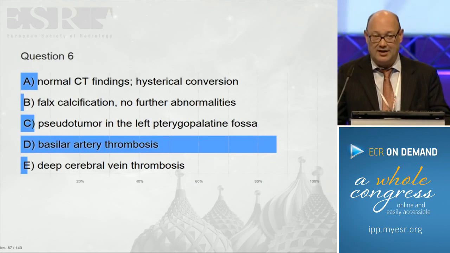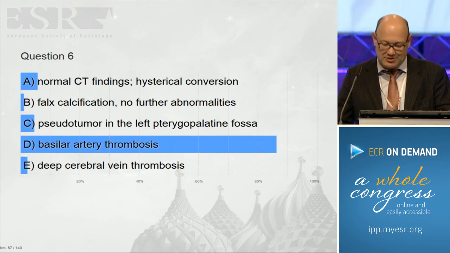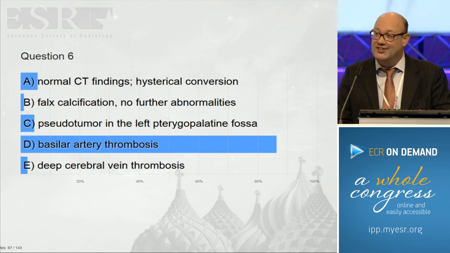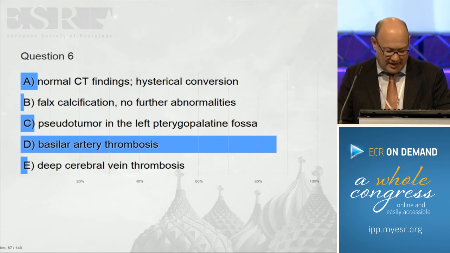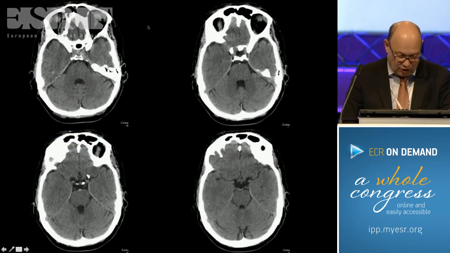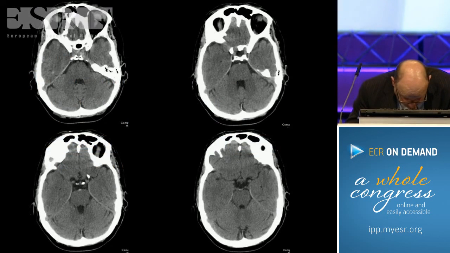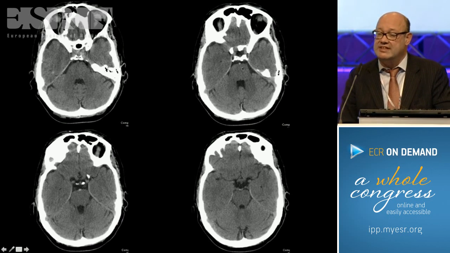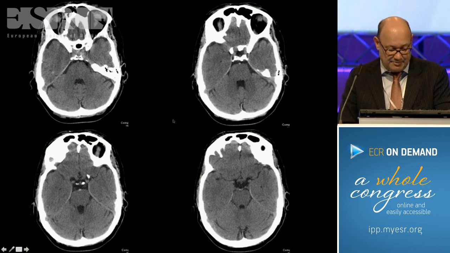Excellent. I hope when you're at home, you're as good as when you're here in the audience. Of course, I only show you 4 images, but with the clinical condition, when it fits together with the images, you see there's a small hyperdensity here in the basilar artery. You see a normal density over here, but at the adjacent slice, we see a focal hyperdensity in the basilar artery.